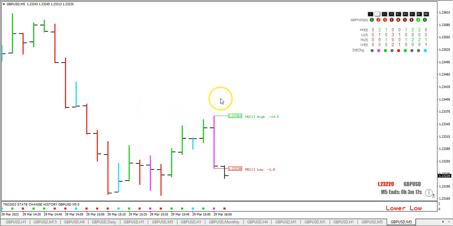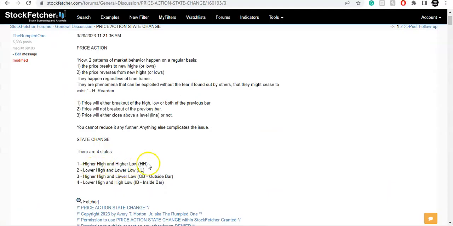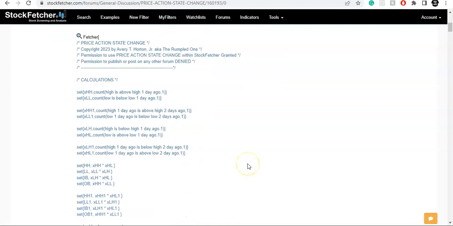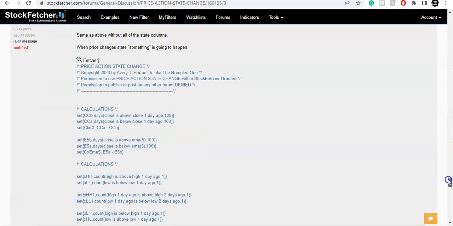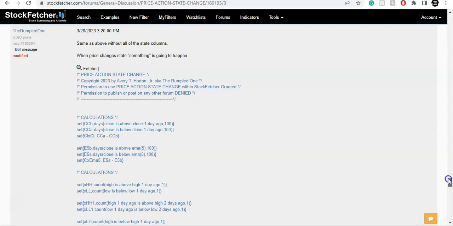So, once again, there are 4 states: higher high, higher low; lower high, lower low; outside bar; and inside bar. That's it. And so what I did over here on Stock Fetcher, I was kind of getting crazy with the coding.